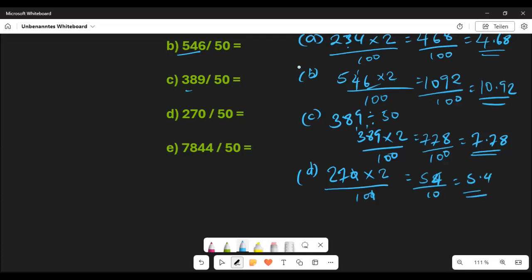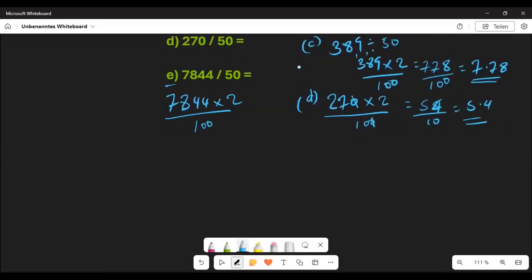Now let's go to the big number, E, the last one. It's the same principle. We have 7,844. We multiply that number by 2 and then divide everything by 100. 4 times 2 is 8, and 4 times 2 is 8. Then 8 times 2 gives 16, so we carry 1.